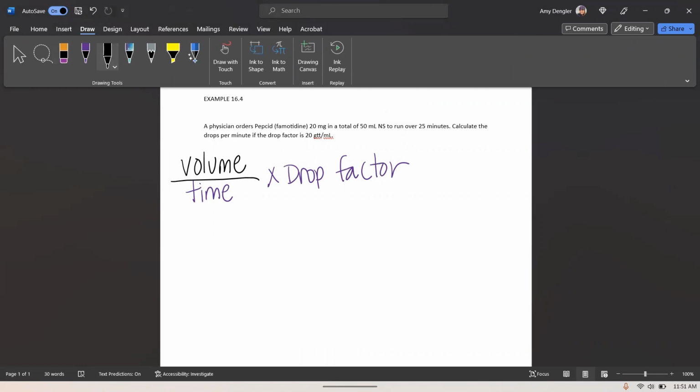So our volume is going to be our 50 ml. Our time in these problems should always be minutes, which we have 25 minutes. And our drop factor is 20 drops per ml.